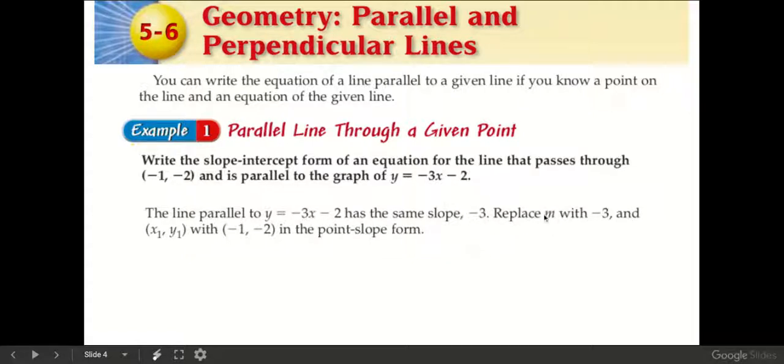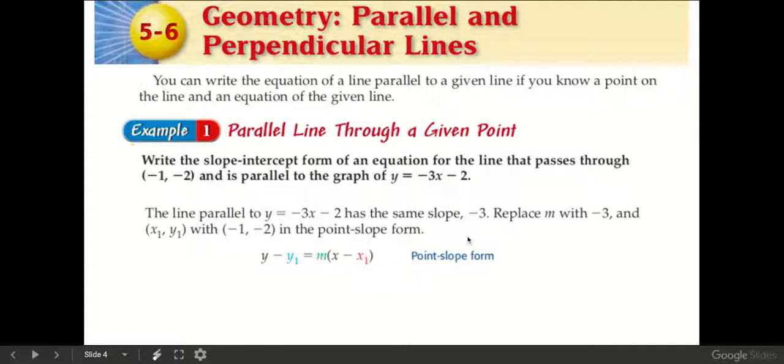I already know my m value, my slope has to be -3 because it's going to be parallel to this one. Now I know that I have a point, (-1, -2), and a slope, -3. I can use point-slope form or slope-intercept form. Since I have a slope and a point, I'll use point-slope form, and then I'll just convert it to slope-intercept form. Again, I'm going to put in my y-coordinate and my x-coordinate for the point that I'm given.